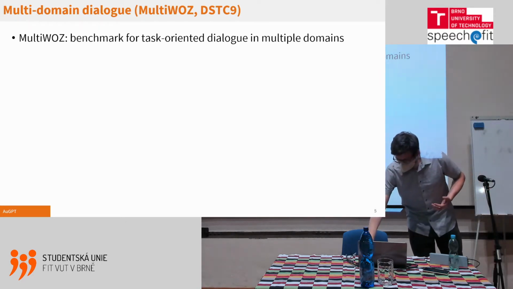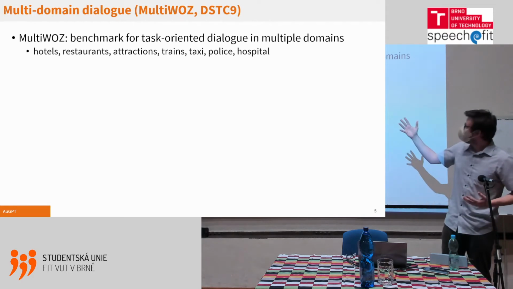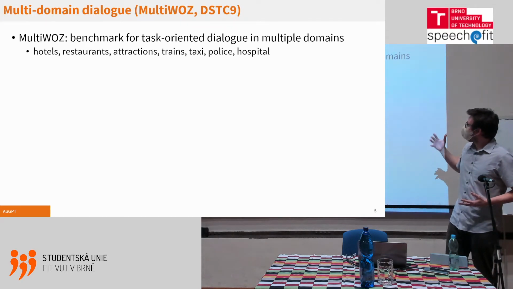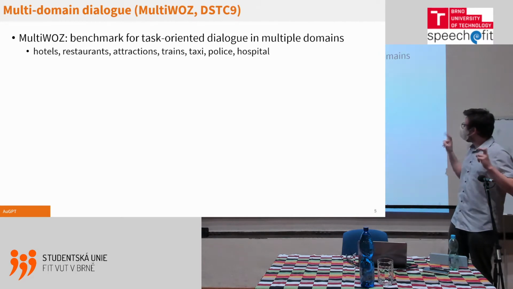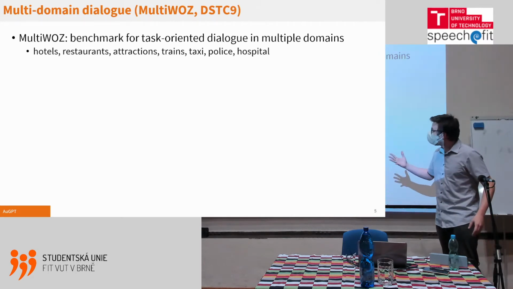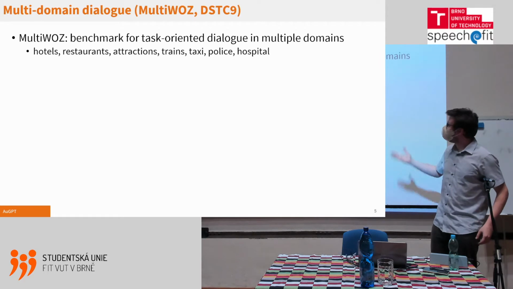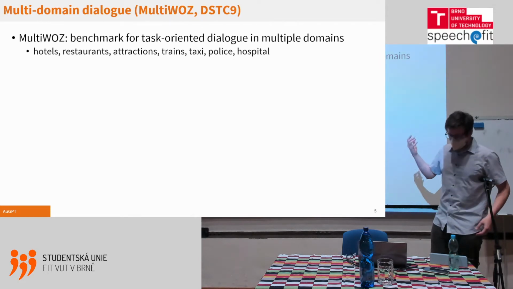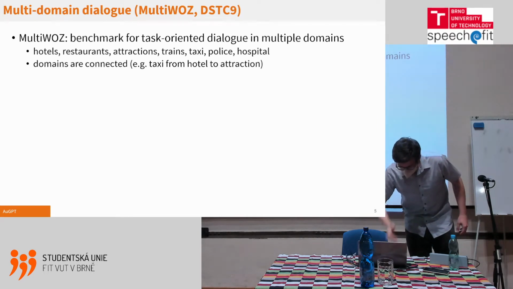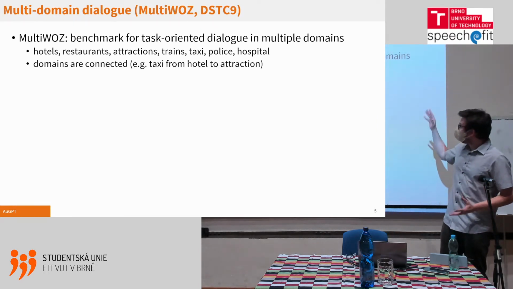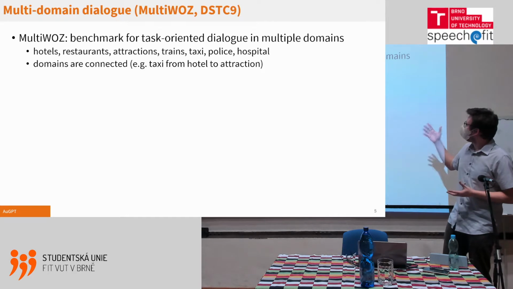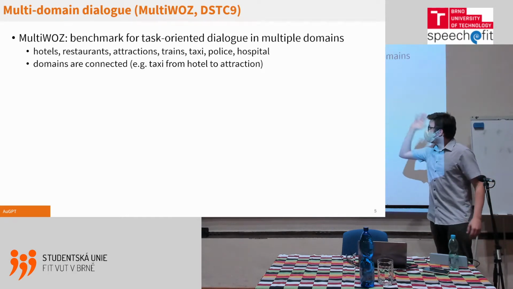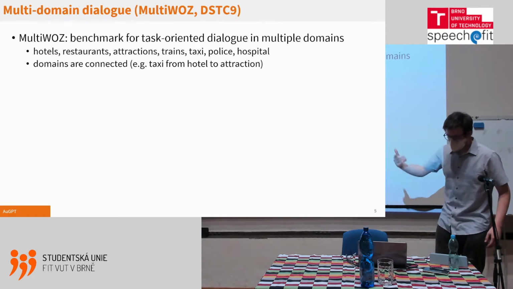It's dialogues around hotels, restaurants, and attractions, typically a user who is a tourist coming into Cambridge who wants to book a hotel, find a restaurant, or take a train. All those domains are connected. For example, they look for a nice tourist attraction, and then they want to book a taxi to go there.